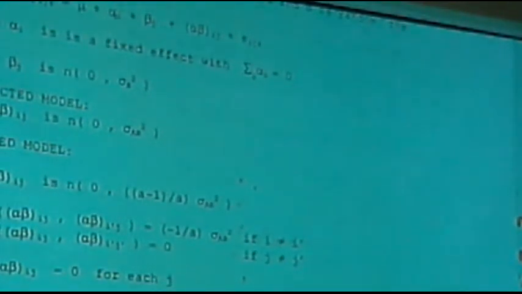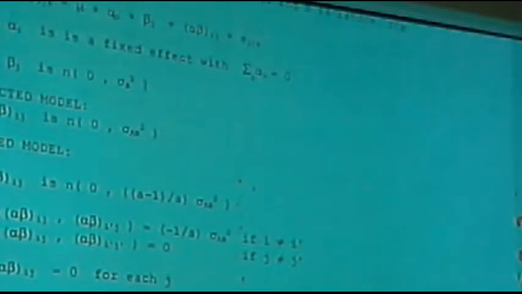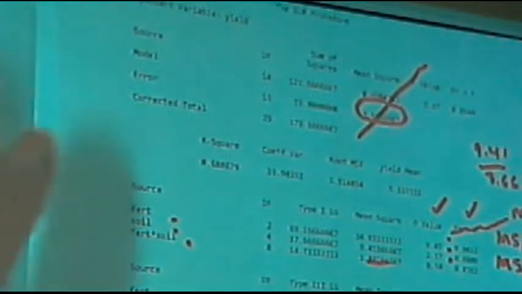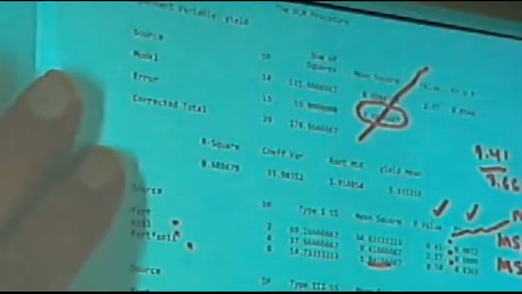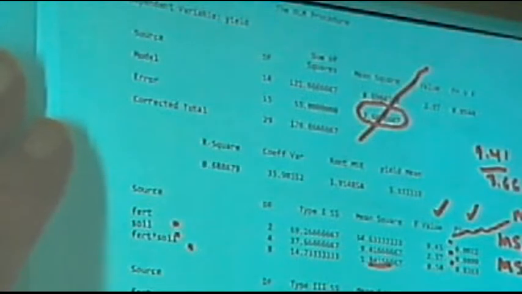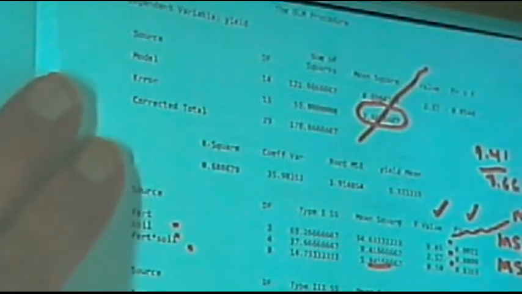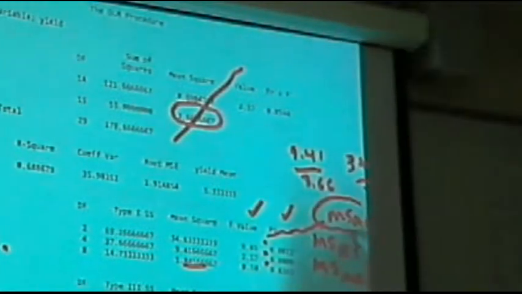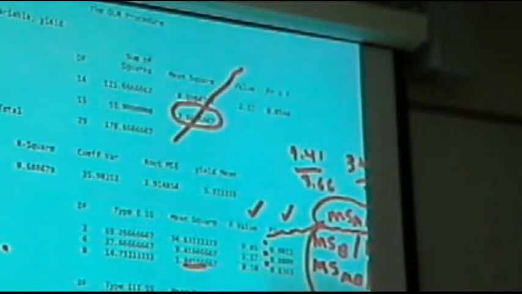So this is what we had in our ANOVA table for the mixed model. So I wanted to remind you about that. And so coming back to this current example here, I guess I would just simply say this one is wrong.